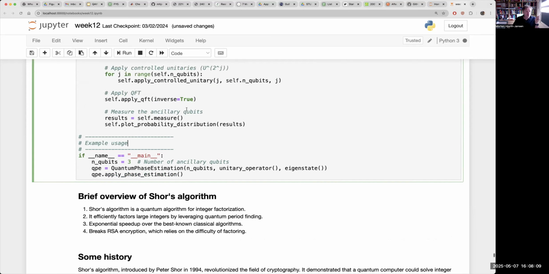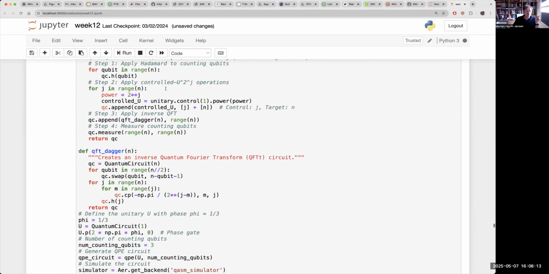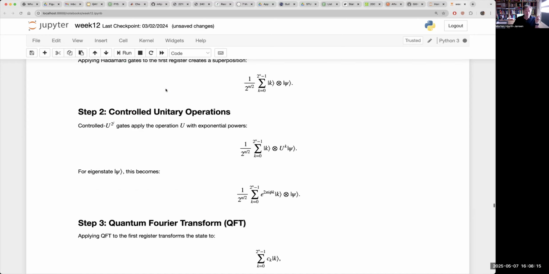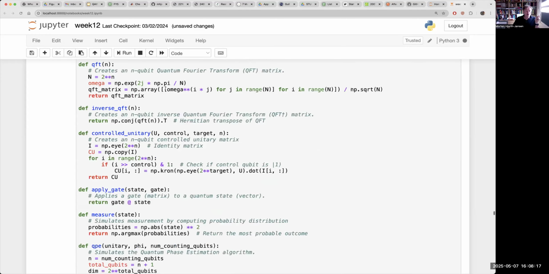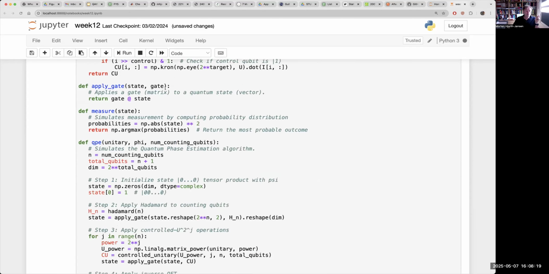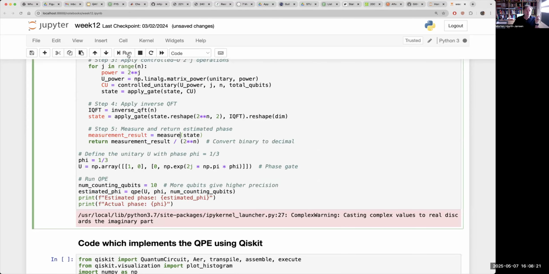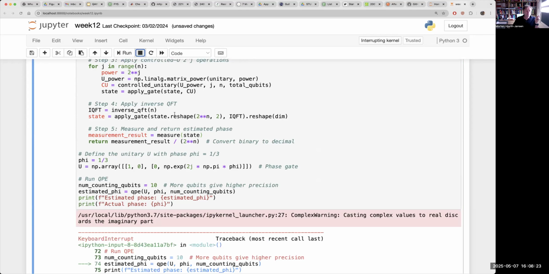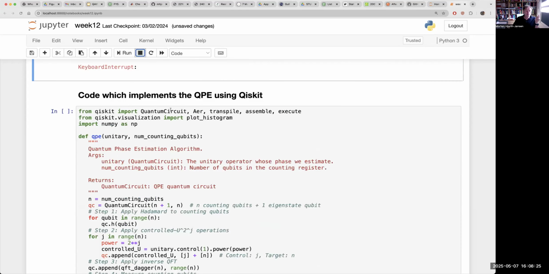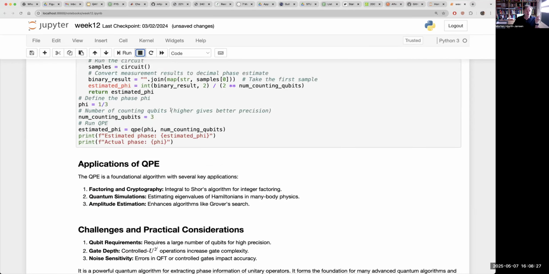Now this is going to be a little bit slow. Let me stop the other code which I had here, because this is still going to be running. So let me stop that. And let's run the last code here.